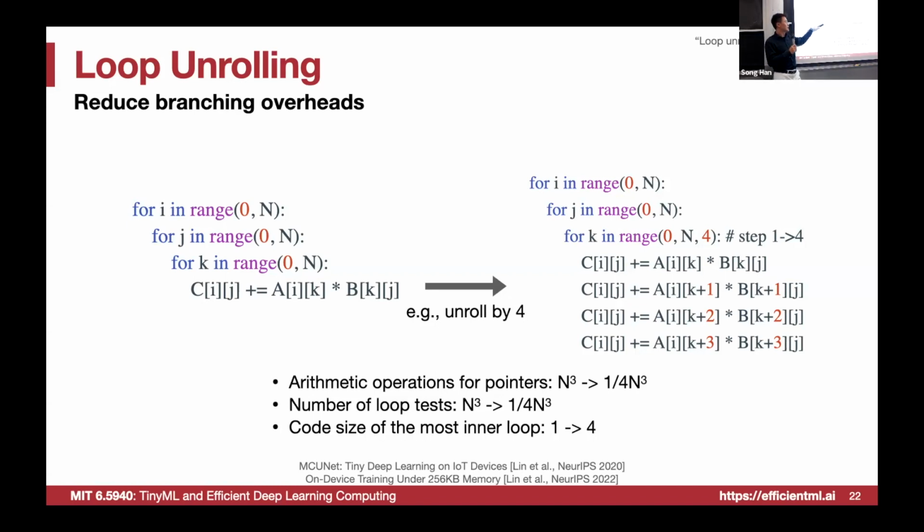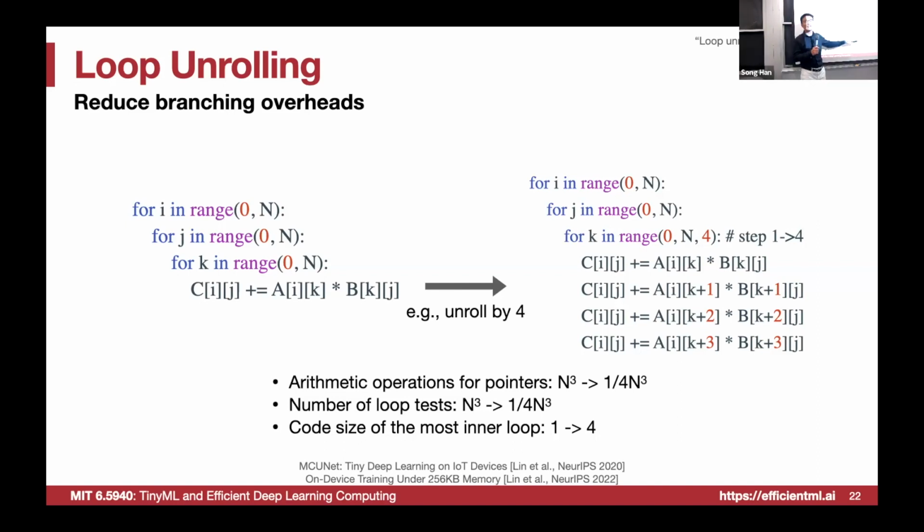Previously, every time this statement is executed, we have to test whether i, j, k is still in the range. Right now, we have 4 times fewer branching operations. The arithmetic operations for pointers are reduced by 4 times, since we have manually unrolled the k plus 1, k plus 2, and also k plus 3.